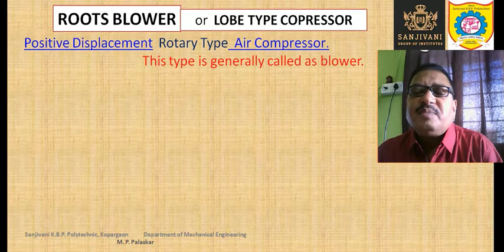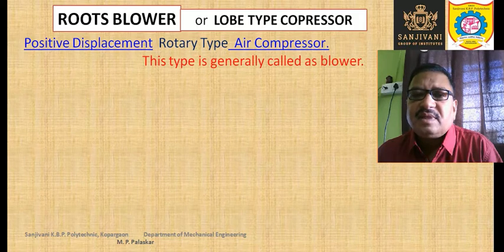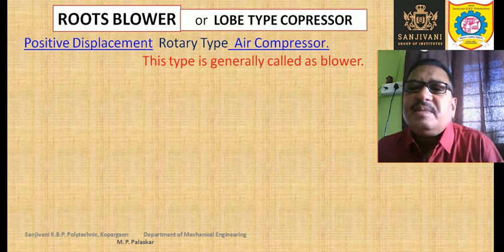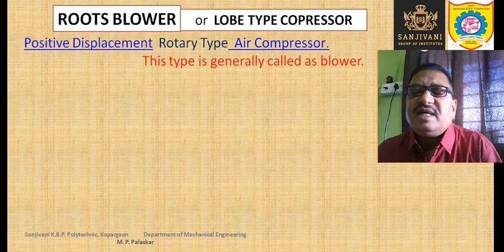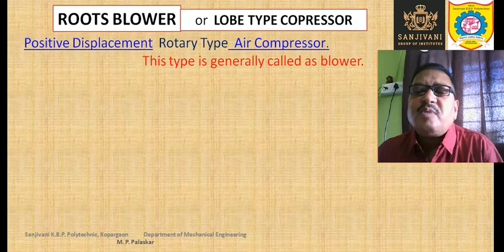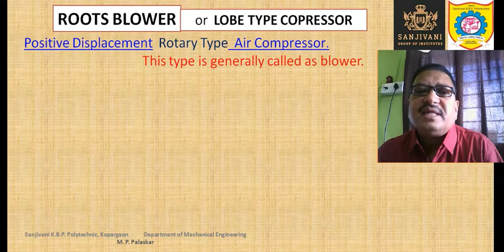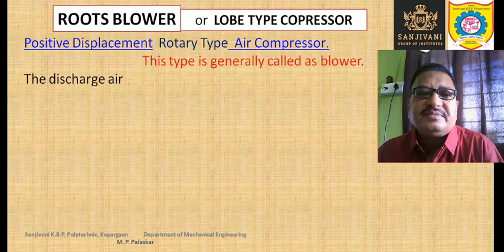It is called a blower because the compression ratio is small. This compressor will not increase the pressure of the air to a large extent. There is a small increase in the pressure, of course, but mostly this device known as the Roots blower is used as a blower to blow the air.